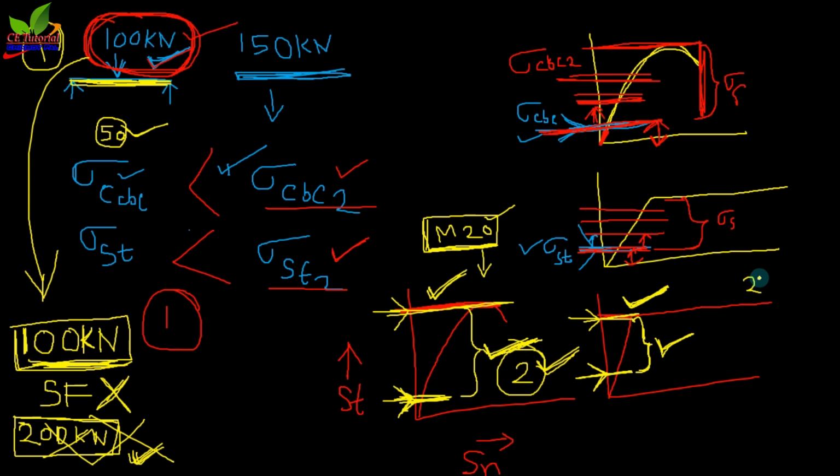And when we order Fe 250 grade of steel, we cannot say that it is actually 250. Again for the material we have to assume that the strength is below what I am considering. That's why we are considering this lower value of stress. So again we are applying a safety factor for the material.